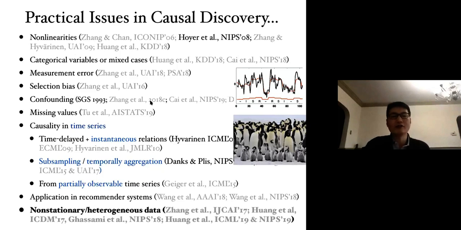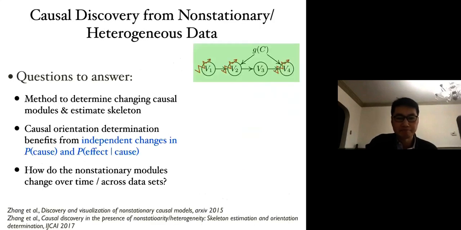So basically, all those problems have been tackled in some way, although a lot of work needs to be done, especially to solve the problem of confounding. And the problem of discovering latent variables as well as their causal relations can be considered as a specific problem to deal with confounding.